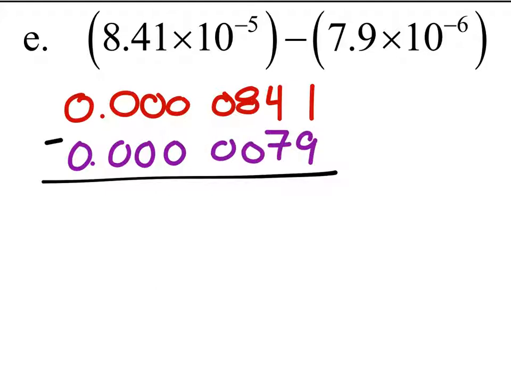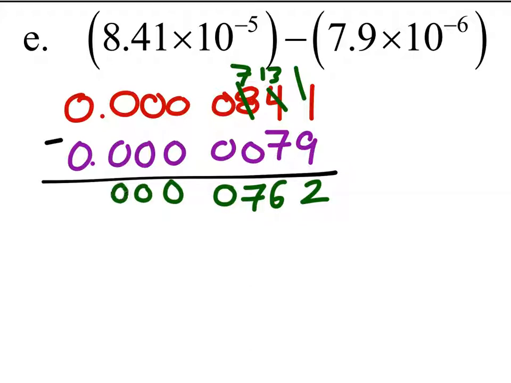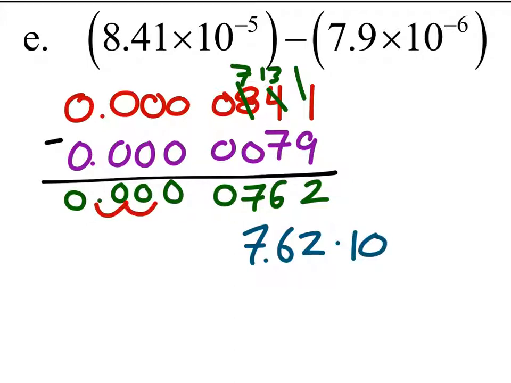Now to subtract, we gotta borrow one from these, and we're gonna have to borrow one from these. 11 minus 9 is 2, 13 minus 7 is 6, 7 minus 0 is 7, then we got all these zeros up in here. So this is my final answer in standard form, but we want scientific notation. 7.62 times 10 to the power of 1, 2, 3, 4, 5. And that's a negative 5 because we made that small number bigger. There it is.